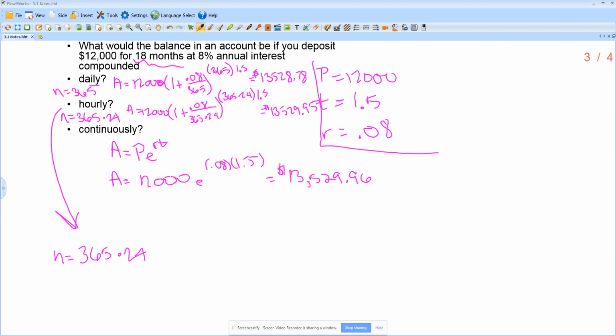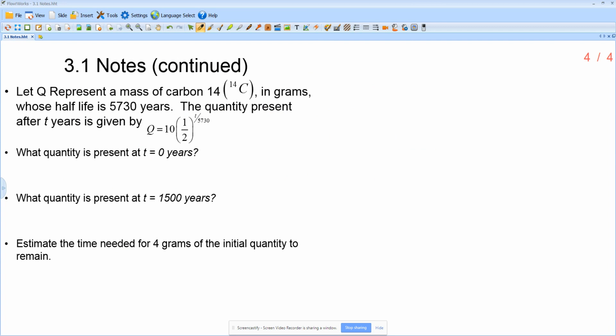So why do we talk about continuous growth or decay? You know, it's in money, okay, cool, I got a penny. But it does naturally occur in some other things, like in this case, if we're talking about decay of carbon. So let Q represent a mass of carbon-14 in grams, whose half-life is 5,730 years.